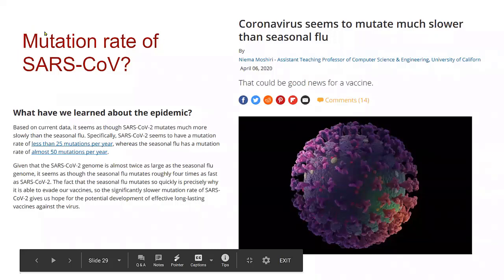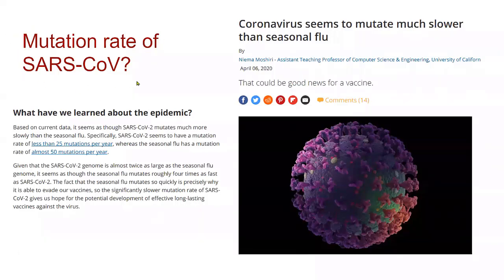This is the question that many scientists are trying to figure out. This virus has only been with us for about 6 months, and so the data is not complete. But from what, this was published April 6th, so a month ago, the data from this study was coronavirus seems to mutate much slower than the flu virus. That's good news.